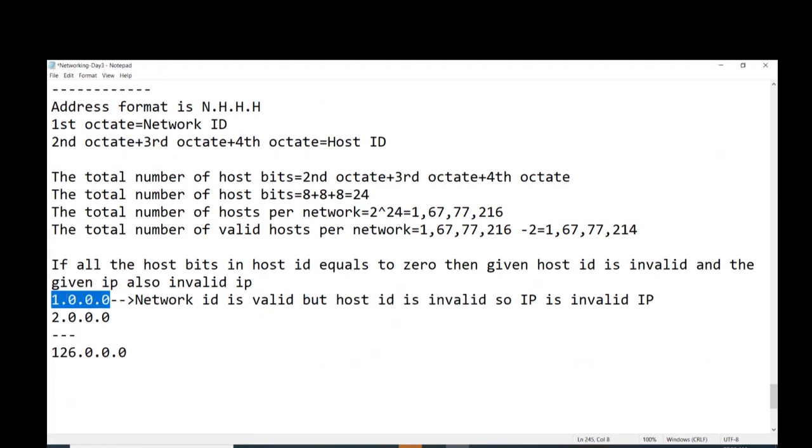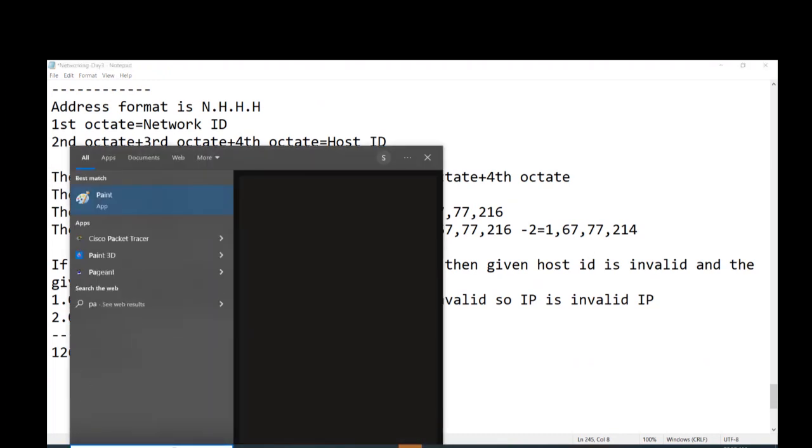Each IP has two parts: one is the network ID, another one is the host ID. So the network ID is a valid network ID, but the host ID is not valid. It is invalid, so the system will not accept it. You can check here in Packet Tracer. Go there.